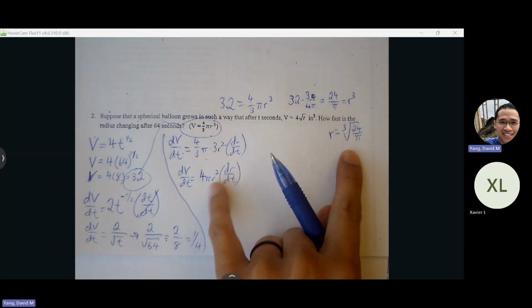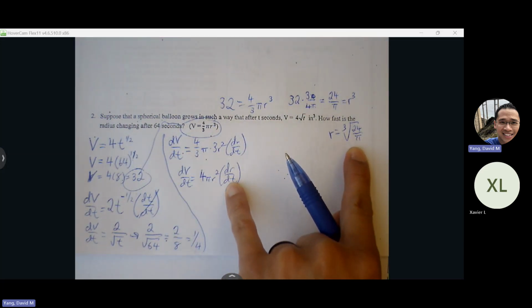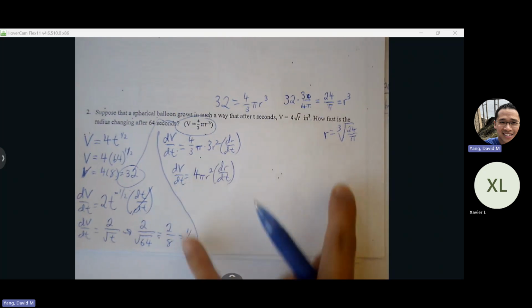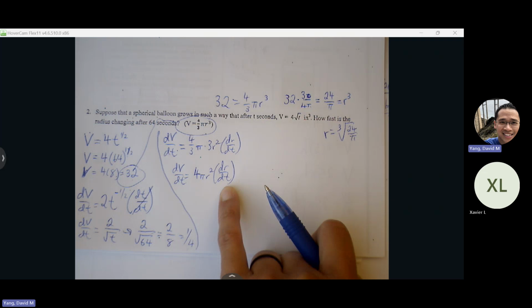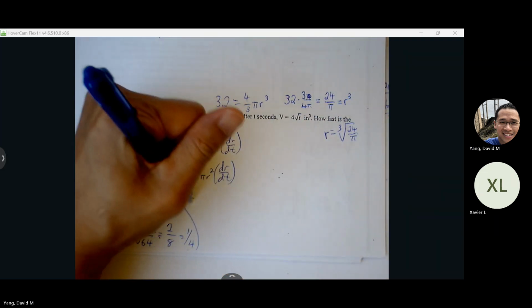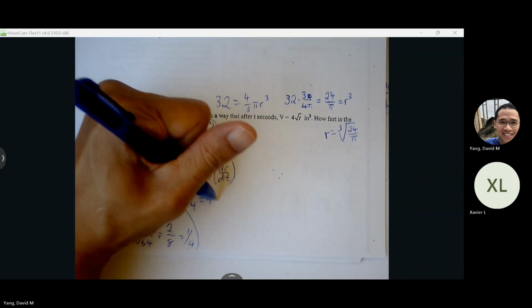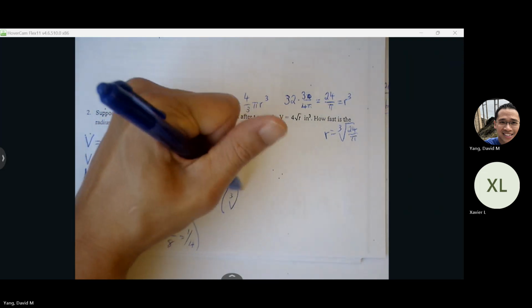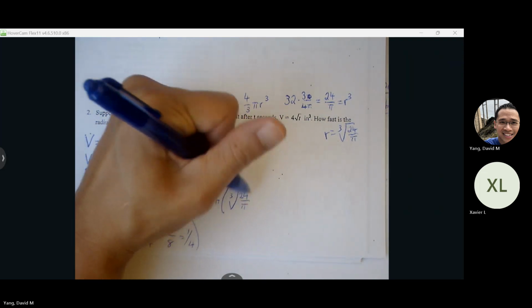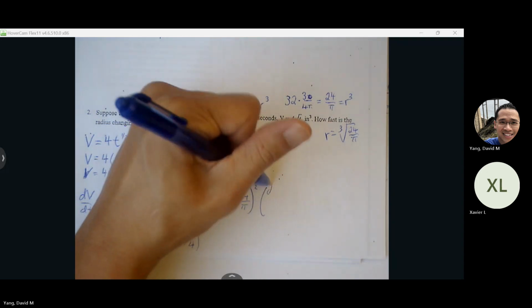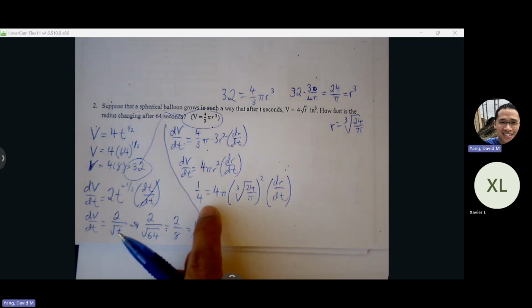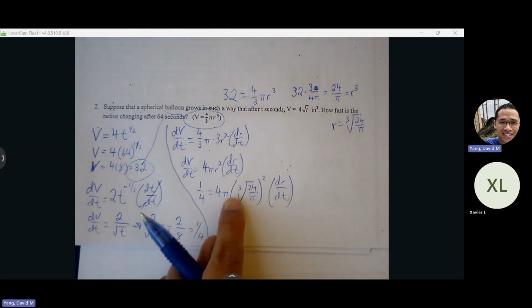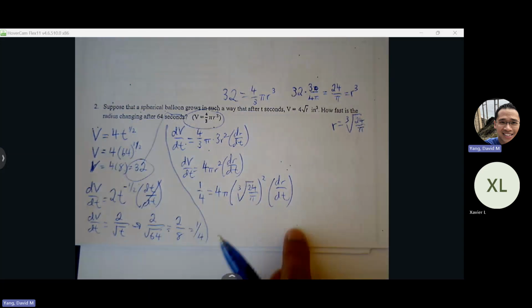We have r, the cube root of 24 over pi, and dV/dt, which is 1/4, and then we can work backwards and solve for dr/dt. It's just a messy number-crunching calculation in your calculator. You take this number, find that decimal, divide it over to the other side, and get dr/dt by itself.